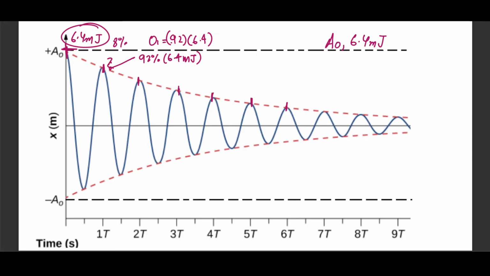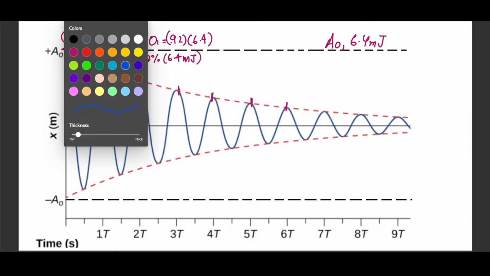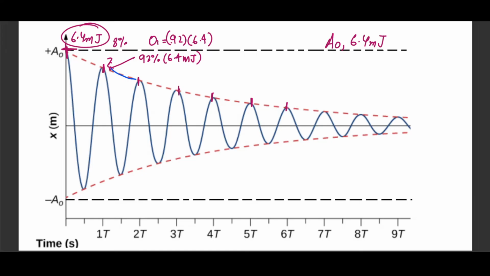I'm ignoring the millijoules to save writing space. In the next stage, we see a further decrease of 8%. So can we say that this stage is 92% of the previous situation? Because for this second stage, this is my starting point. So I further reduce the already reduced energy of 6.4.